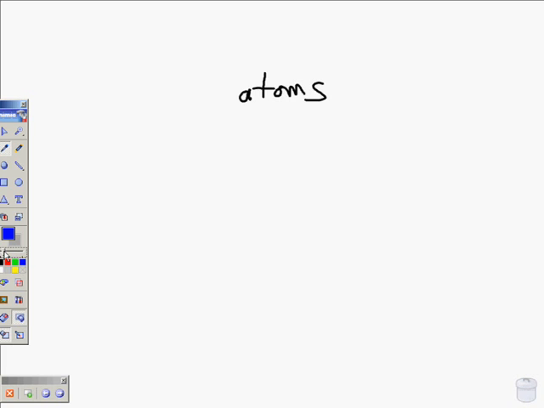Here we go. Here's what this topic's all about. Atoms, molecules, ions. They are the only particles that you need to be thinking about. Those particles have got forces holding them together.